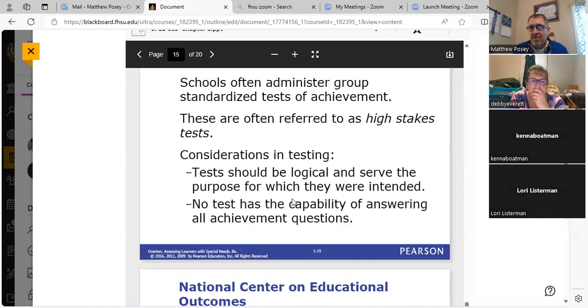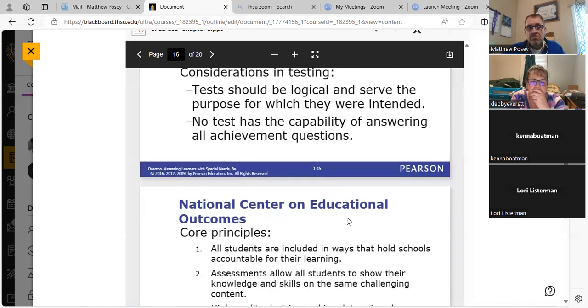The only ones in there, free of interruptions, are going to be the examiner and the student. One thing you want to remember too, make sure tests are logical and serve the purpose they were intended for. No single test has the ability to answer all the achievement questions that we're trying to get data on.